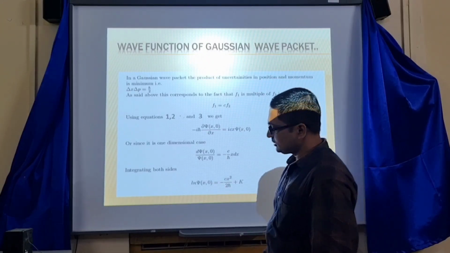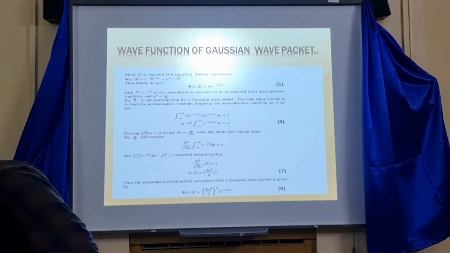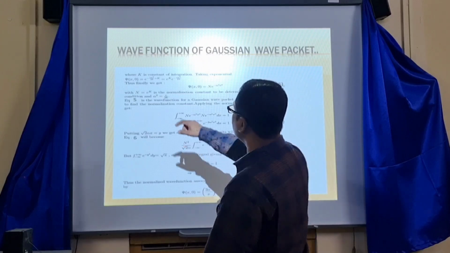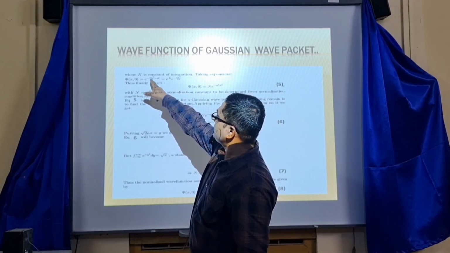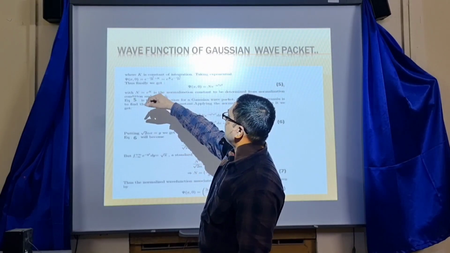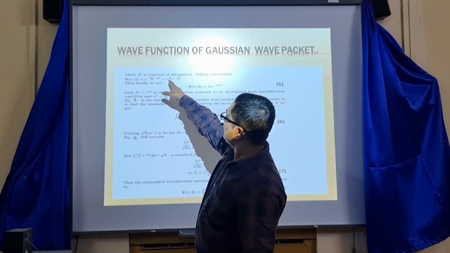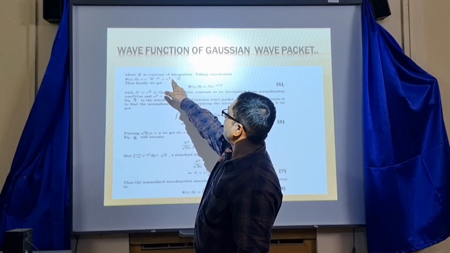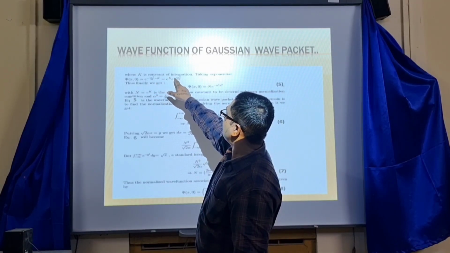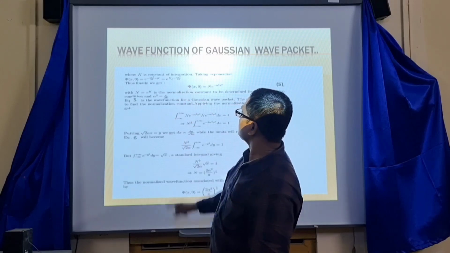If you take the exponential, then it will become like this: psi equal to e to the power minus c x squared by 2 h bar plus k, and then it is e to the power k times e to the power minus c x squared by 2 h bar.